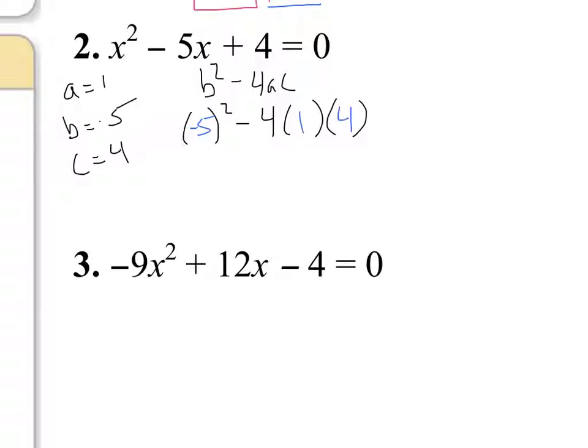Now, this is exactly why I give those open parentheses, because now I can see that that negative with the 5 is inside parentheses, so it's being squared as well. It's going along for the ride. So negative 5 times negative 5, we get positive 25. Minus 4 times 1 times 4 is 16. And so 25 minus 16 gives us 9. So that's our discriminant. And so therefore it's positive. We have 2 real solutions.